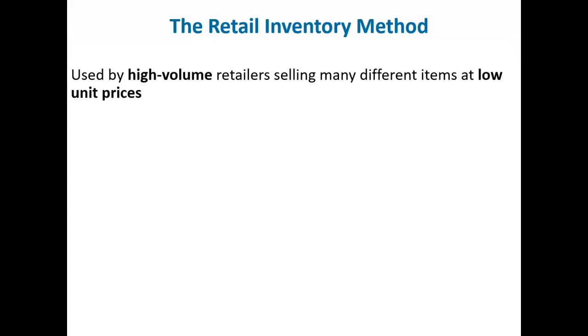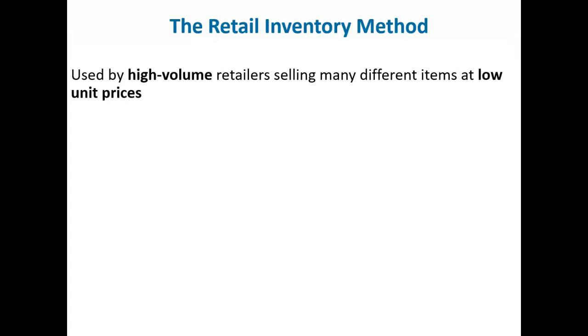As the name implies, the retail inventory method is used by many retail companies, such as Target, Walmart, Sears Holding Corporation, JCPenney, and Macy's. Certain retailers, like auto dealers and jewelry stores, whose inventory consists of a few high-priced items, can economically use the specific identification method.